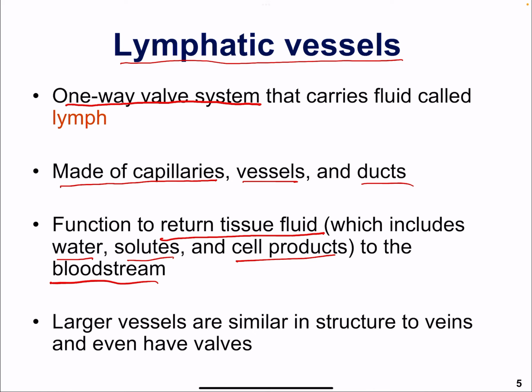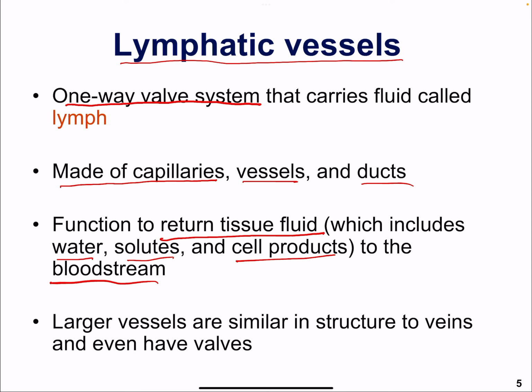Now remember that the blood is made up of formed elements and the plasma, right? The plasma is water, salts, and proteins.